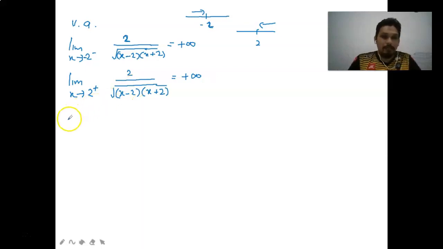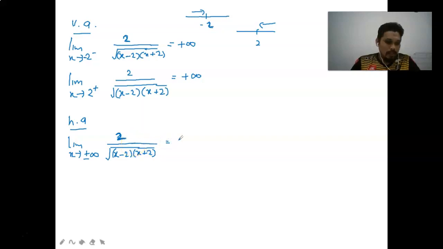And then for the horizontal asymptote, we take the limit as x approaches positive and negative infinity of the function 2 divided by the square root of (x minus 2)(x plus 2).